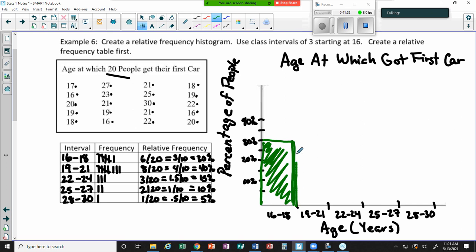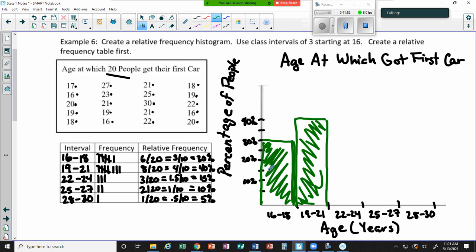So I'm going to take this up. 40. 22 to 24. 15%.